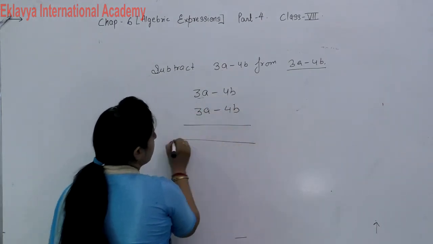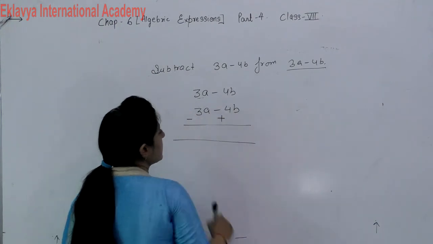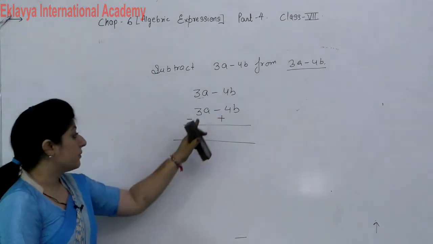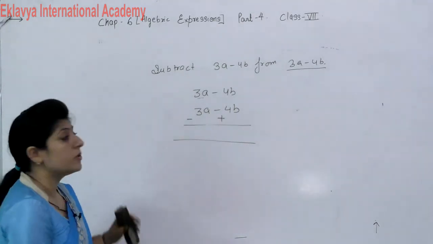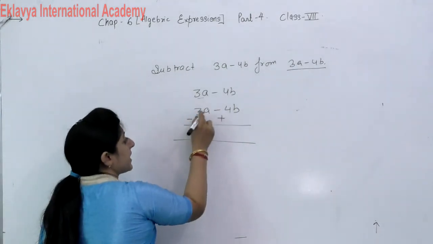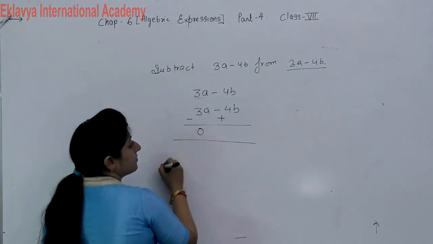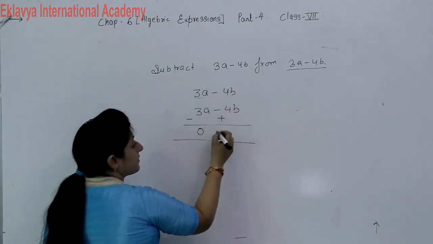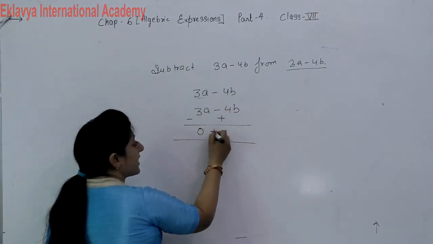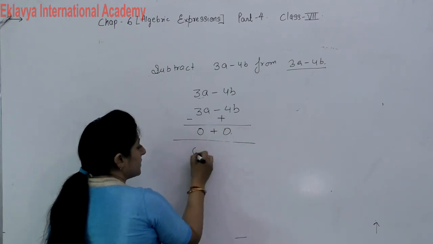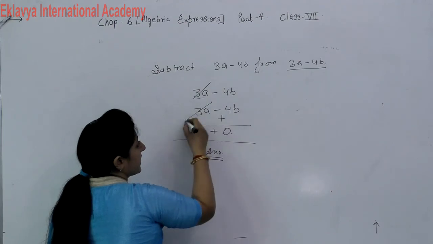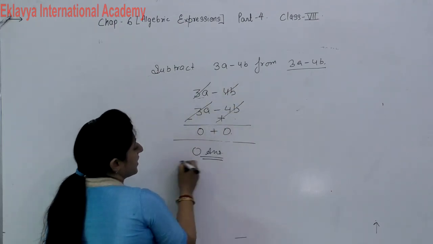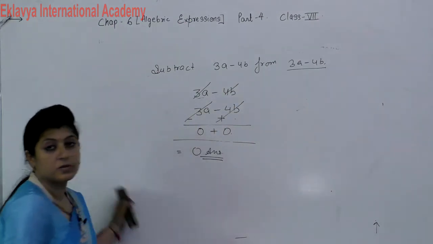Subtraction we are doing, it means we firstly change the sign, plus 3a changes into minus, minus 4b changes into plus, then 3a minus 3a is 0, minus 4b plus 4b also, plus or minus anything, write down 0. It means your answer is 0, or we can write directly, cancel out, then our answer is 0.